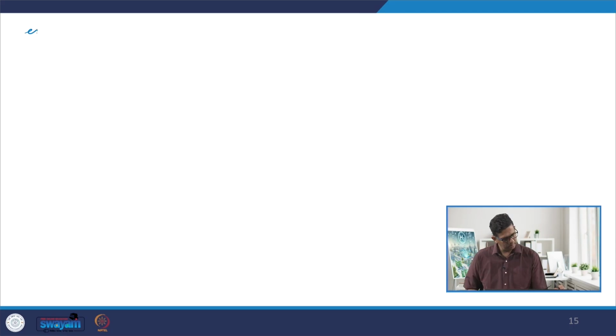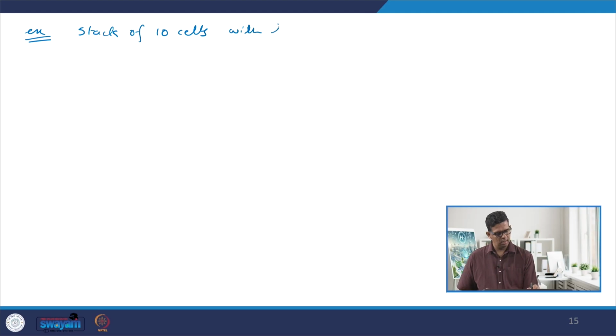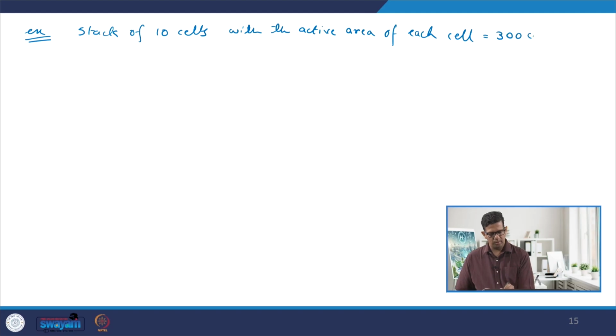So, let us take a simple example wherein we have a stack of 10 cells, and the active area of each cell is around 300 centimeter square.